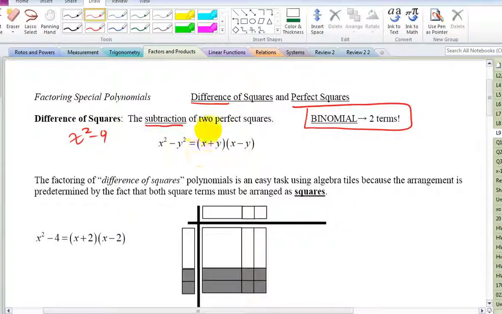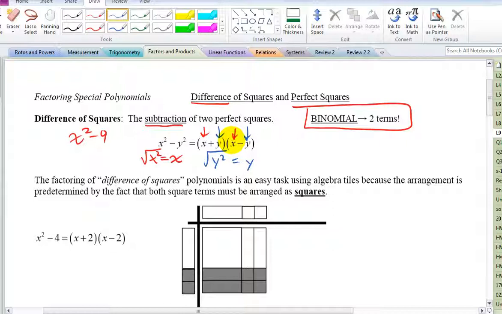What happens is you square root the first term. That equals x. And so that will go at the front. Then you square root the second term, which equals y. That goes at the back. And the hardest part is the plus minus. Okay.